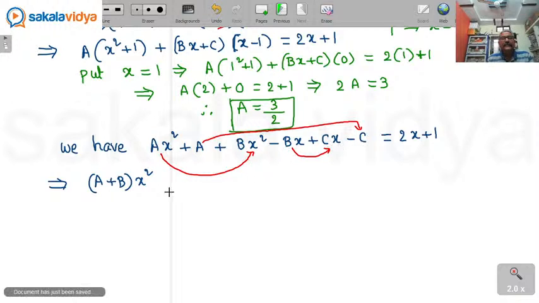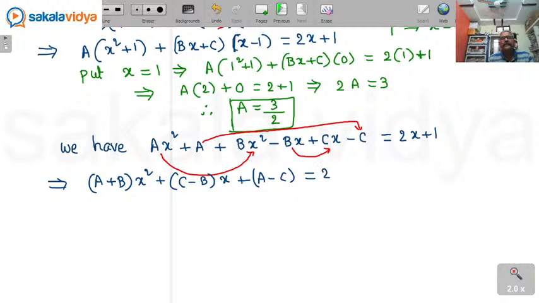Minus bx plus cx, x common, we have (c minus b) times x. Here a minus c is the constant, equals to 2x plus 1.